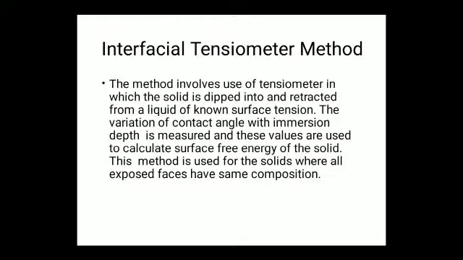The variation in the contact angle with immersion depth is measured, and these values are used to calculate the surface free energy of the solid. This method is used to determine the surface free energy of solids where all exposed phases are of the same composition. So these are the various methods used for determination of surface free energy.